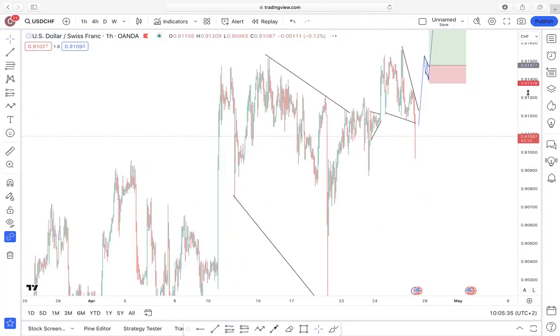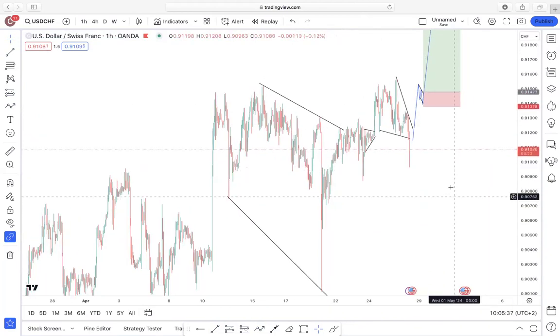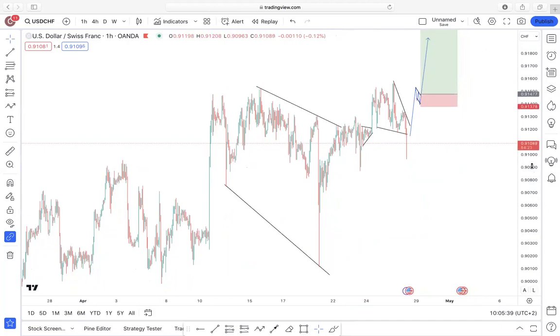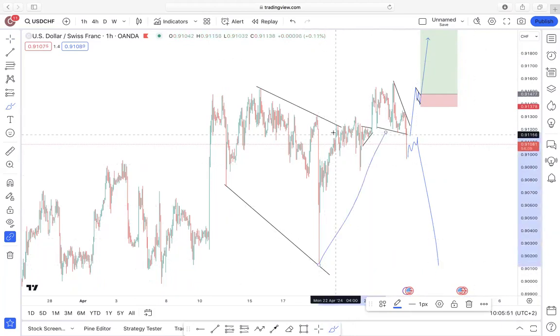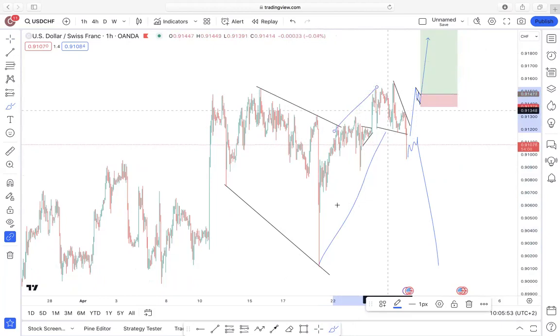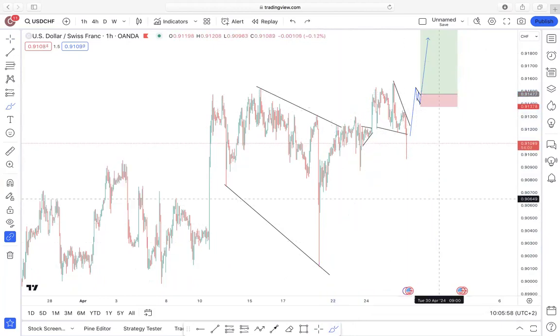So this would make a lot of sense to me if price does give me that breakout to the upside. But if that doesn't happen, and instead price just forms a continuation pattern and then breaks out to the downside, then obviously price is confirming that this has a higher probability of dropping to the downside along with this big ascending channel. But for now, that is it on the US dollar and the Swiss franc.